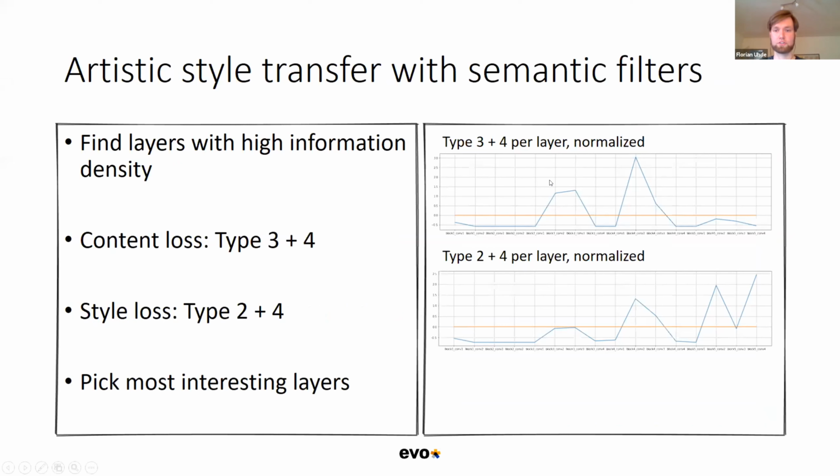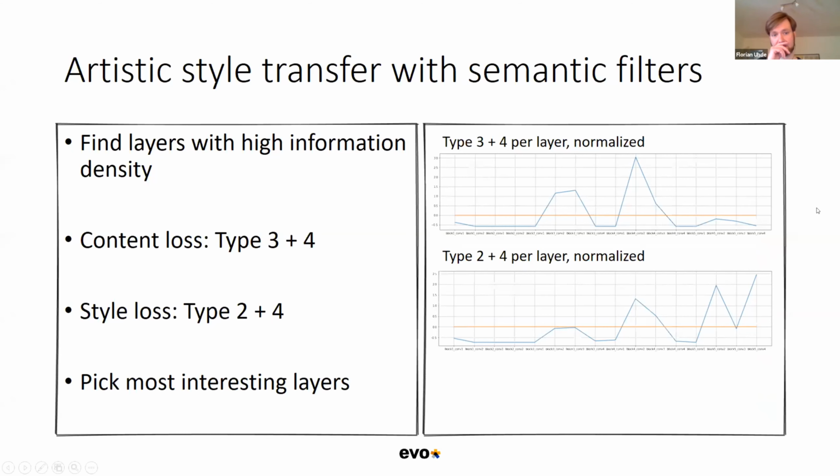What is plotted here is, again, all the layers with the count of type 3 and 4 filters summed up and normalized, as well as 2 and 4. We see that some layers have a higher coefficient than others, which maps to the table that we just marked. And so we would automatically pick those layers and use them for our loss functions.